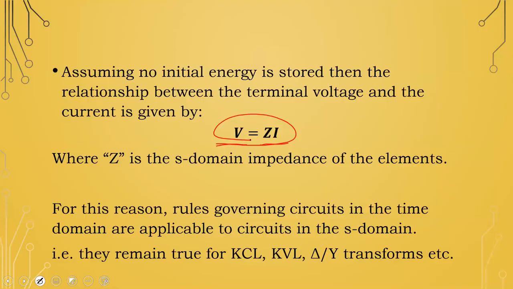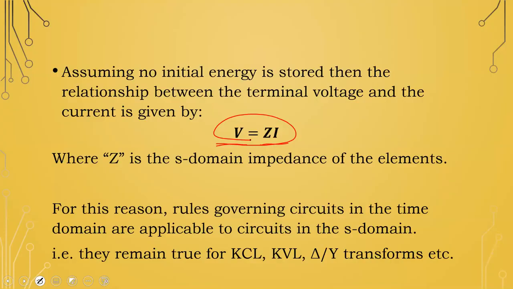All right, so I'm saying all the rules, KCL, KVL, star delta transforms, are all applicable in the frequency domain. The only caveat is that the elements are appropriately represented.